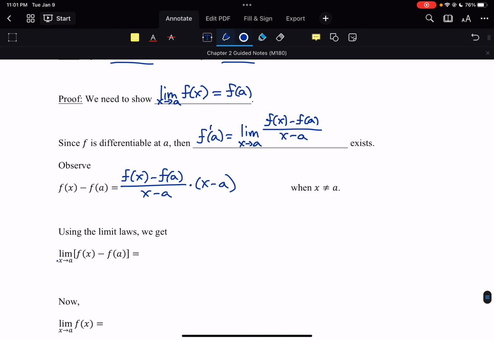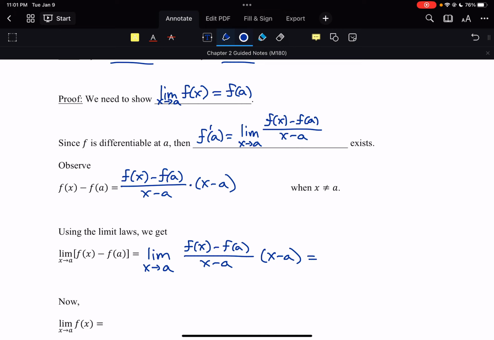Using the limit laws, we can take the limit as x approaches a of f of x minus f of a, and rewrite this using what we just saw. So this is the limit as x approaches a of f of x minus f of a over x minus a times x minus a.